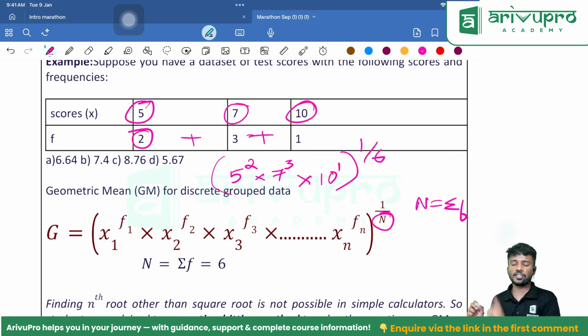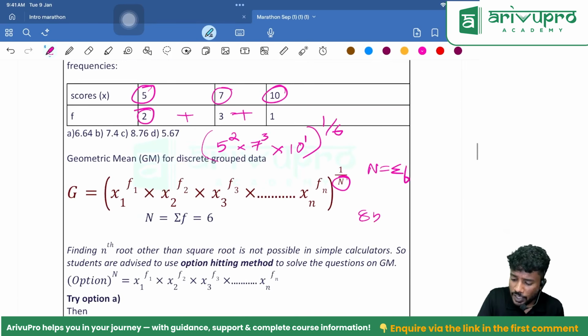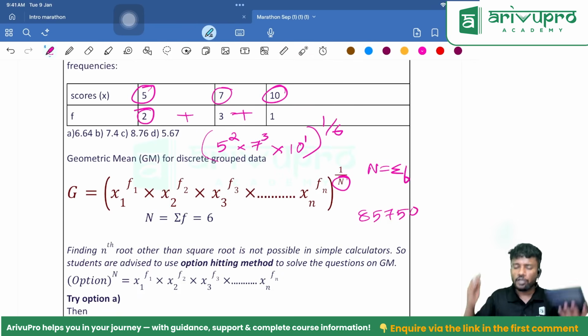Now find the value of this. 5 square into 7 cube into 10. 5 square: 5 into equal to, then multiply it with 7 into 7 into 7, then into 10. How much is it now? 85750. Are you getting 85750? Then the same thing we did till now, we are going to repeat.